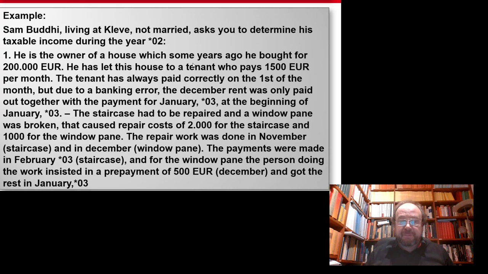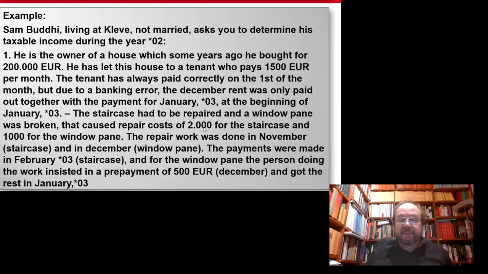The staircase had to be repaired and a window pane was broken. That caused repair costs of 2,000 euro for the staircase and 1,000 for the window pane. By the way, you see from the figures, I just guess around. I have no idea what a window pane broken might cost, and just forget about it.